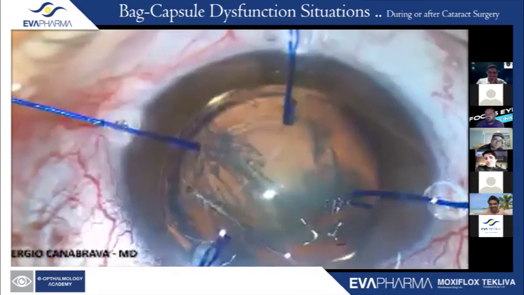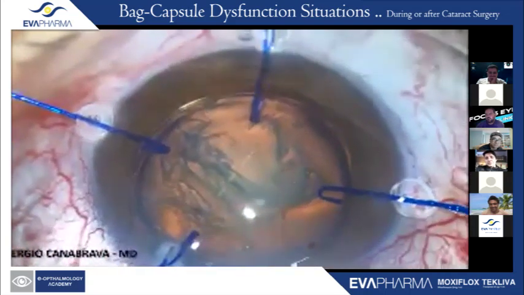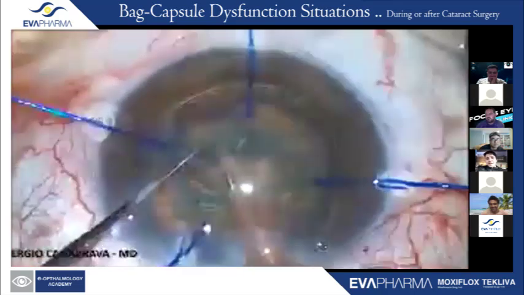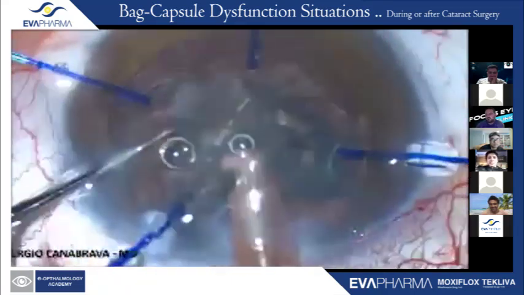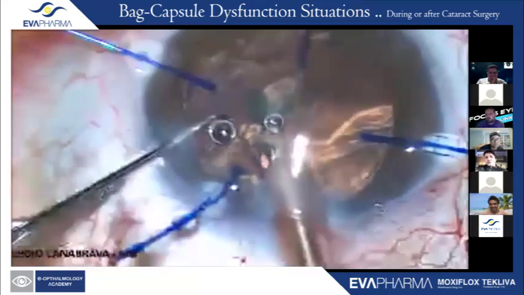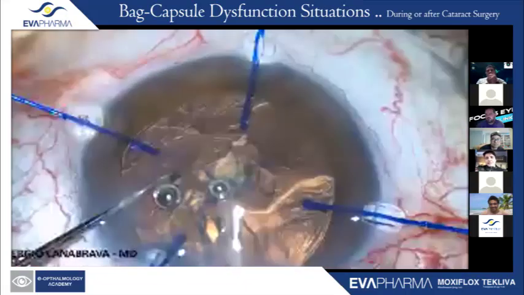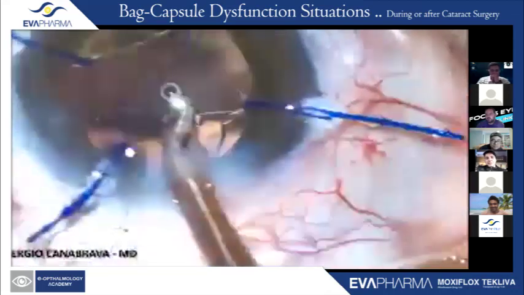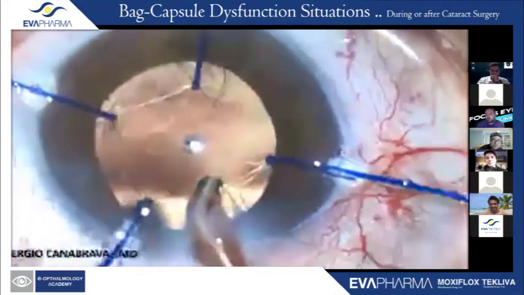Then I like to hydroprolapse the nucleus to the anterior chamber. And then, in this kind of case, I like to do the phacoemulsification in the anterior chamber. Okay, Sergio, but what about the endothelium? I prefer the anterior chamber to the bag, and distressing the bag.